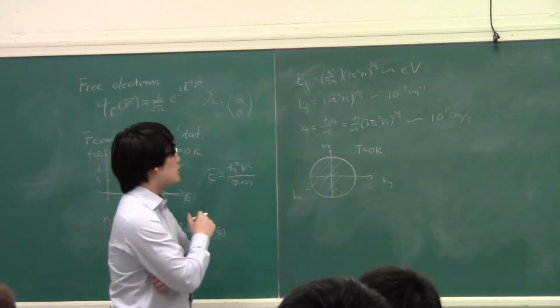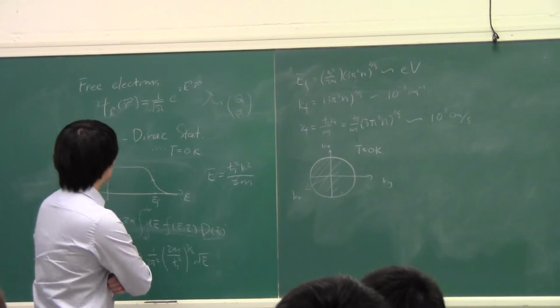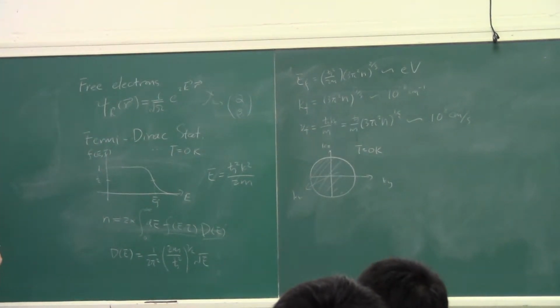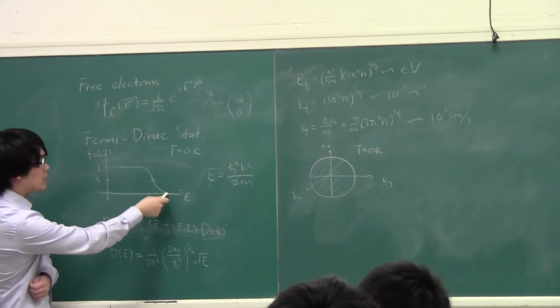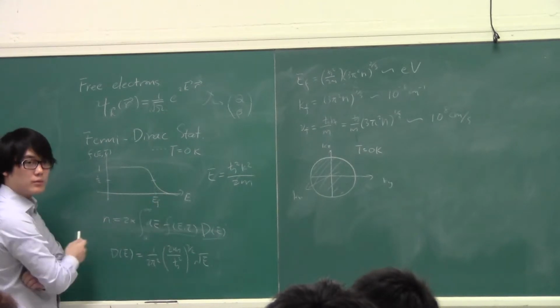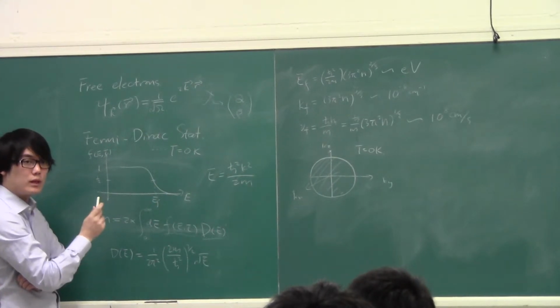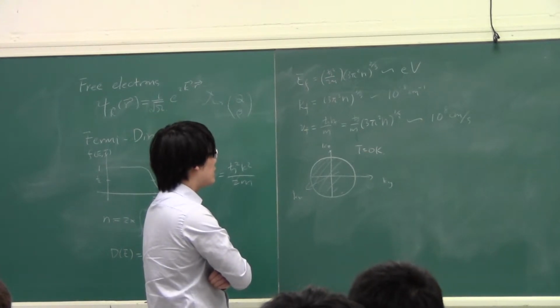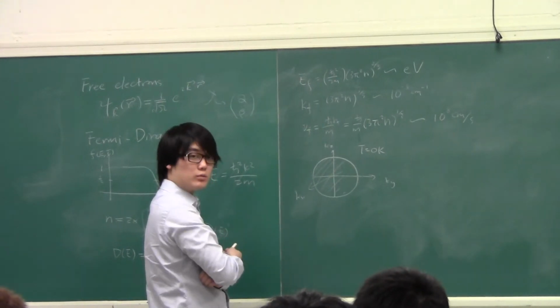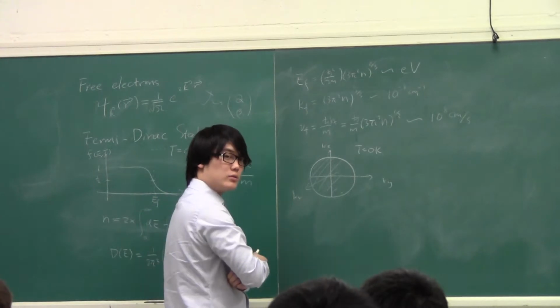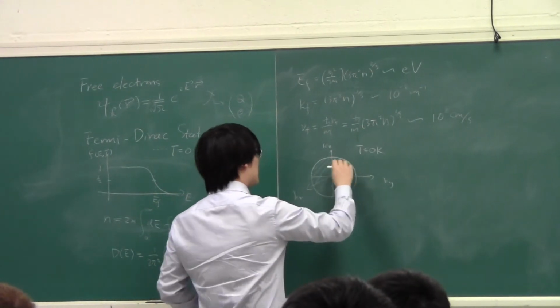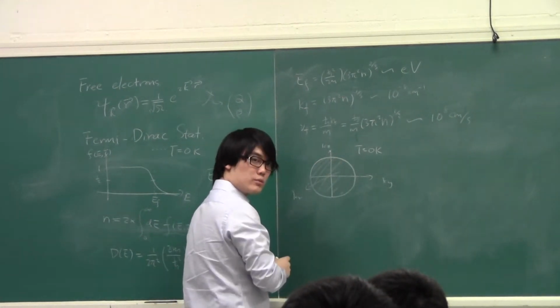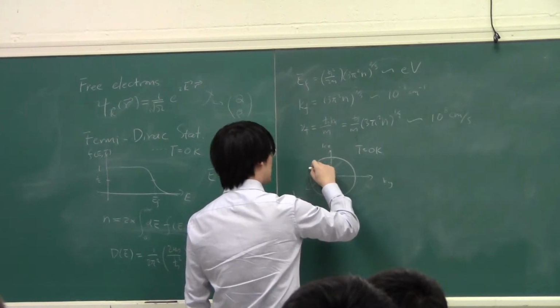Okay. So now, what happens at finite temperature? Well, from here, it tells you that at finite temperature, we have some possibility for occupation beyond the Fermi energy, and that's coming from thermal excitations. So the effect of having a finite temperature, if I draw this in wave number space, k space, is that the Fermi sphere is no longer so sharp. It becomes a fuzzy thing, right?